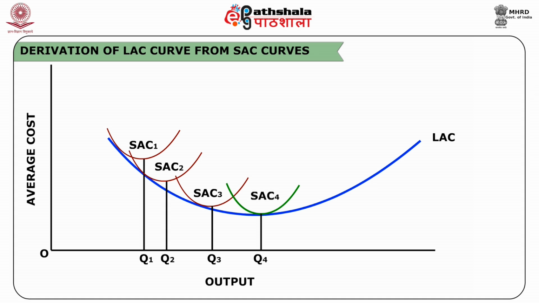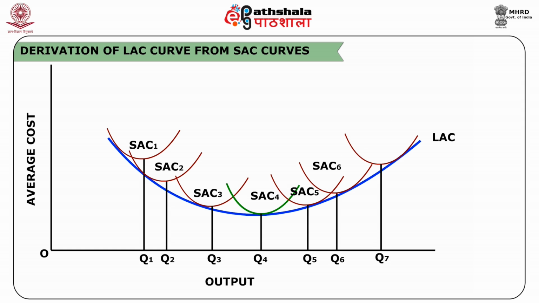The notable point in the figure is that the long run average cost curve does not touch the short run average cost curves on their minimum points. In the phase of increasing returns to scale and decreasing cost, the LAC curve touches the SAC curves to the left of the minimum points of the SAC curves, and in the phase of diminishing returns, it touches the SAC curves to their right.